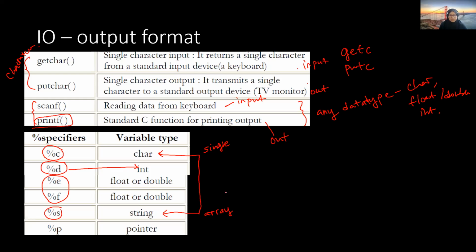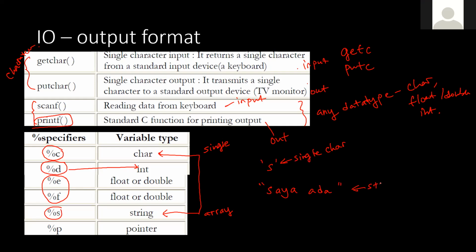Example, I say this is like this, S just S. This is the single, like this, single character. And if I have like this, saya ada, this is called the string. So that is the difference.